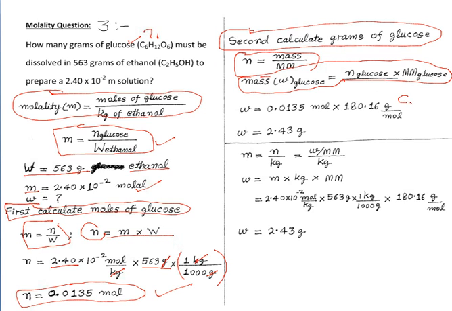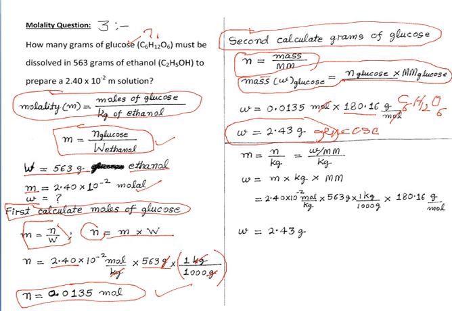You have to count all the C6, H12 and O6 atoms, using carbon 6, hydrogen 12 and 6 oxygen atomic masses. When you add them together, it comes to 180.16 grams per mole, and then the mole will cancel out, and when you multiply 0.0135 by 180.16, the answer will come 2.43 grams of glucose.